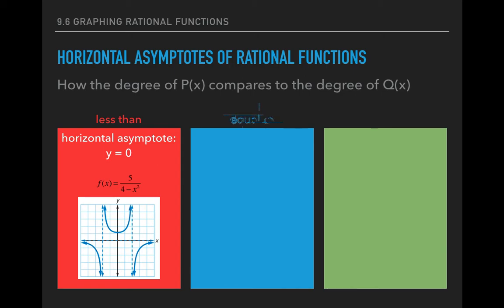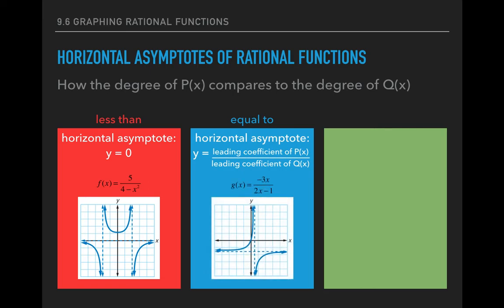Okay, so another scenario. What if they're equal to each other? When they're equal to each other, you're going to have a horizontal asymptote, and it's just going to be the line y equals the leading coefficient of your p function divided by the leading coefficient of your q function. So here we go.